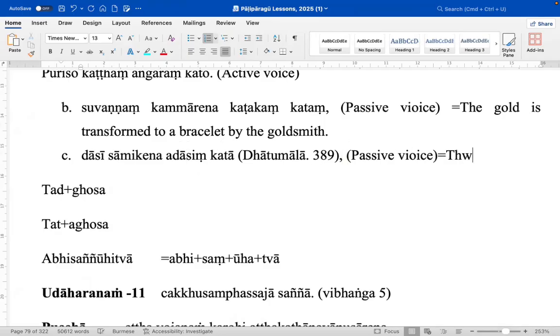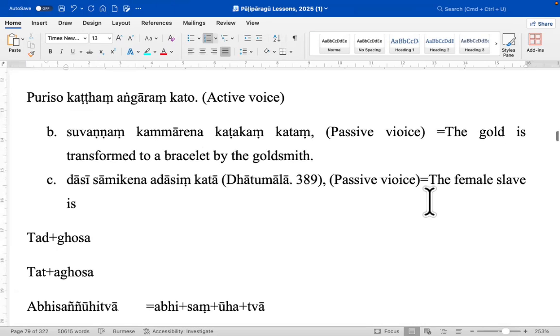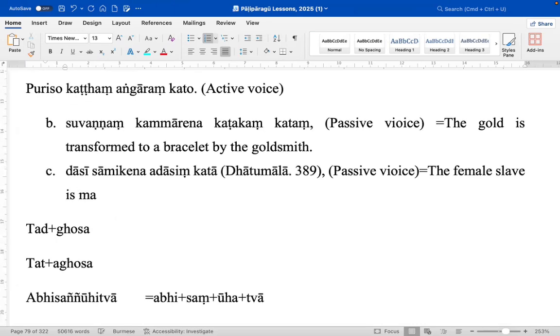So the female slave is made a non-slave, as a non-slave by the owner.